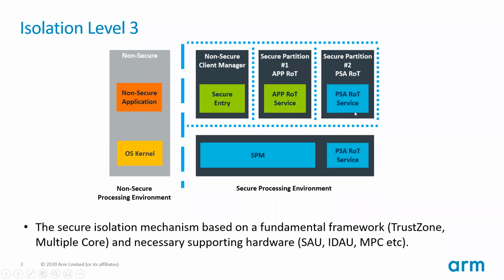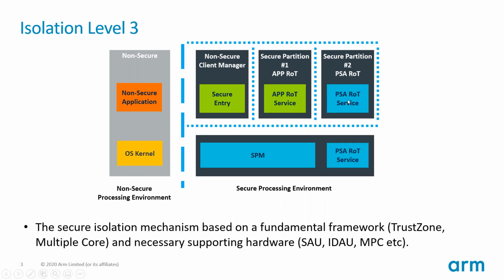One thing we need to focus on here is the PSA root of trust service. The specification describes that if a PSA root of trust service can be accessed by the application root of trust service or by the NSPE, it needs to be implemented in a secure partition. Otherwise, it can be an implementation-defined mechanism. Here I took one example.